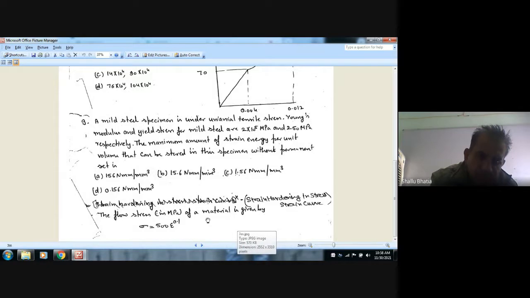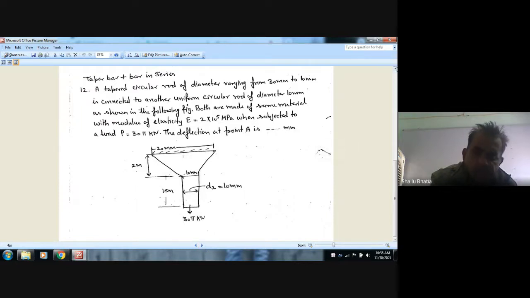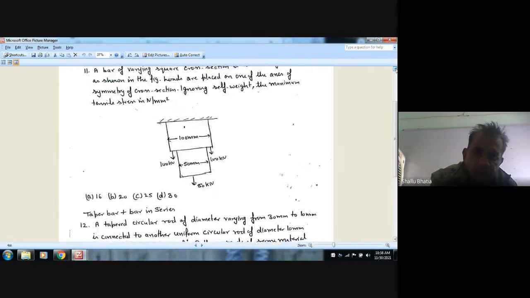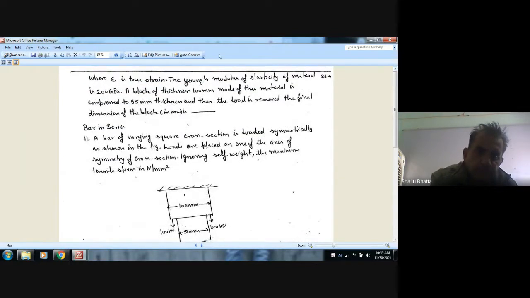The flow stress in MPa of a material is given by sigma is equal to 500 epsilon to the power 0.1, where epsilon is the true strain. The Young's modulus of elasticity of the material is 200 GPa. A block of thickness 100 mm made of this material is compressed to 95 mm thickness.